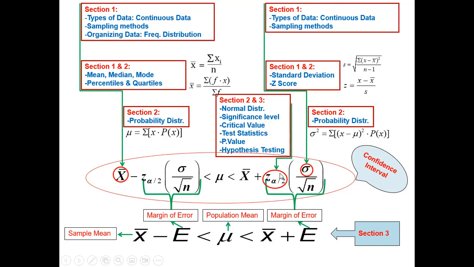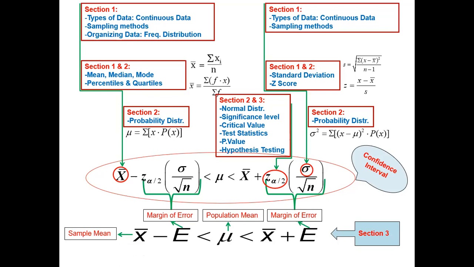In an effort to get to this point, which we'll achieve in section 3, we're going to go through section 1, which deals with collecting, organizing, and summarizing your data. Then we go through section 2, which focuses on descriptive statistics, how they are derived and how they are used.